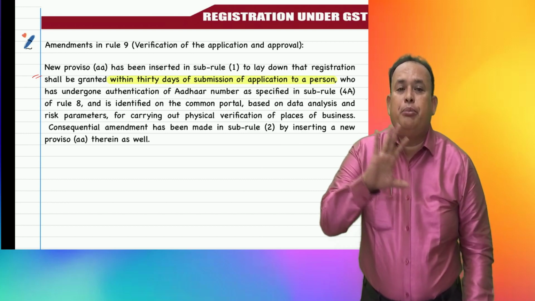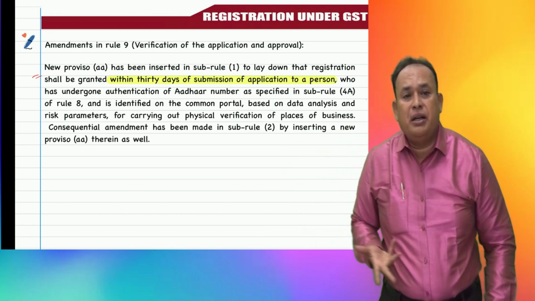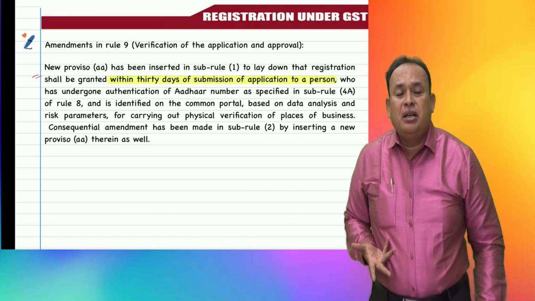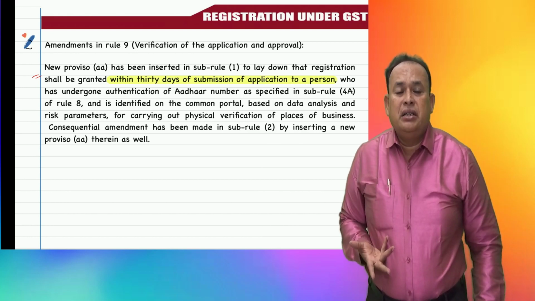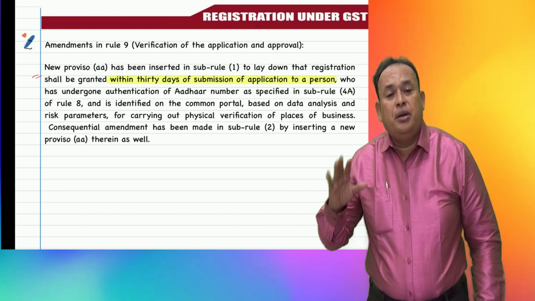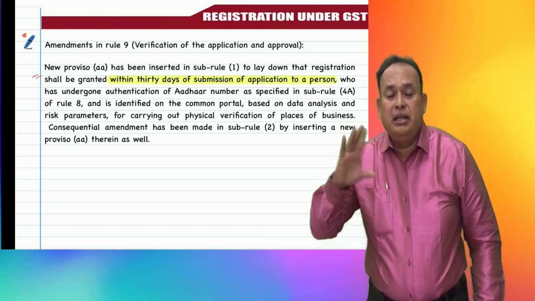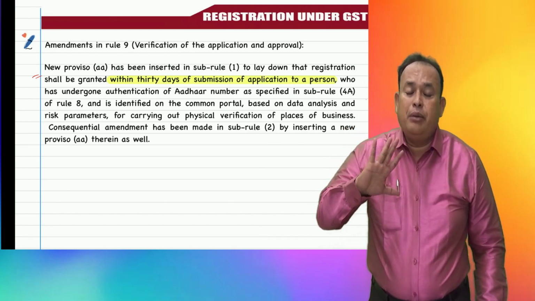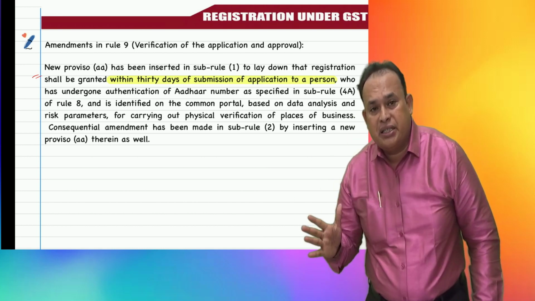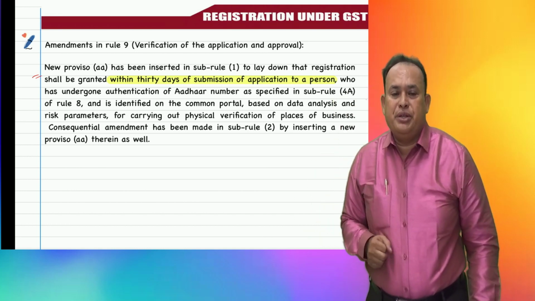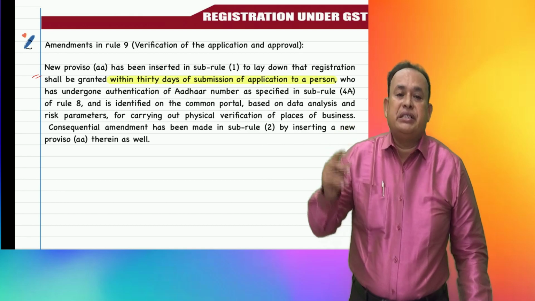So the 7-day time period is not applicable to grant the certificate of registration for a person who has successfully undergone Aadhaar authentication but is risky. In that case, a 30-day time period will apply to grant the certificate of registration.